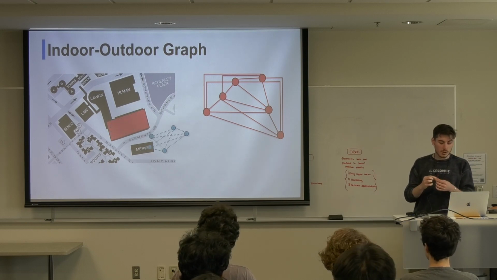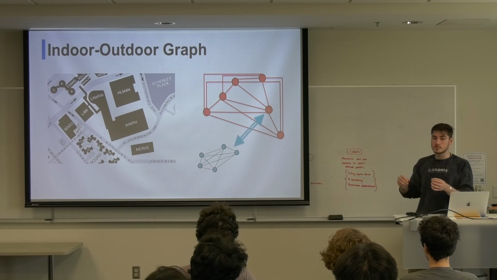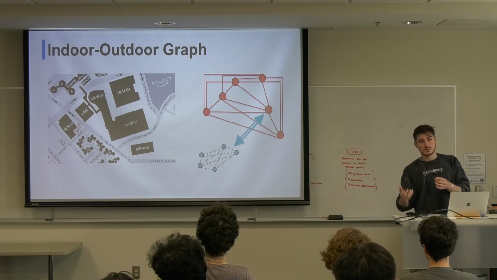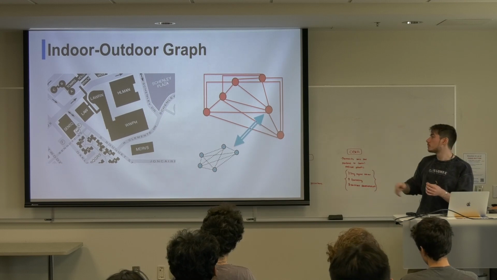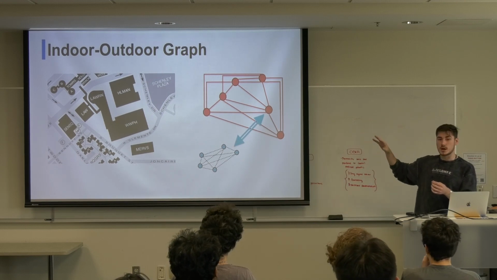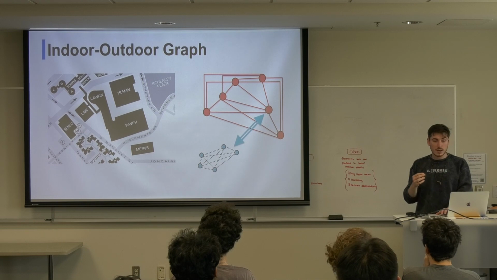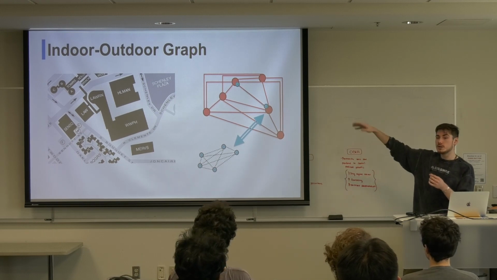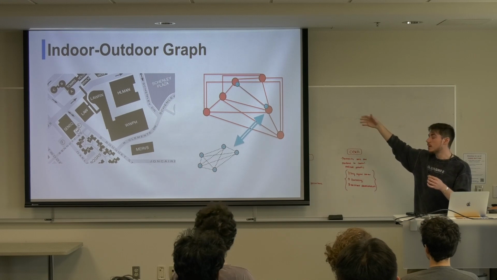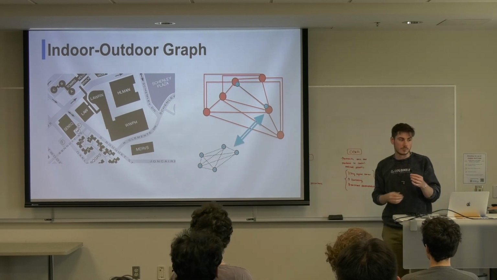This is how we model both indoor and outdoor spaces within the same graph structure. And one thing that's interesting to note here is that when we're looking at our edges between outdoor vertices, what we're actually looking at isn't edges between outdoor vertices, but edges between indoor vertices that are being used as the entrances and exits of those given buildings.